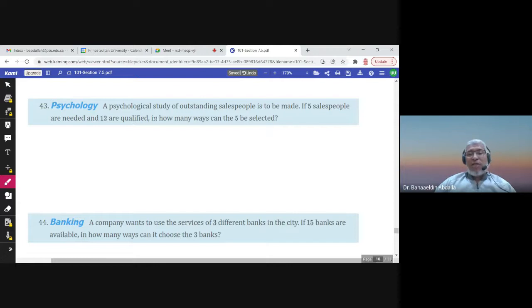A psychological study of outstanding salespeople is to be made. If 5 salespeople are needed and 12 are qualified, in how many ways can the 5 be selected? Okay, 12 are qualified, and we need to choose 5 of them without any order.